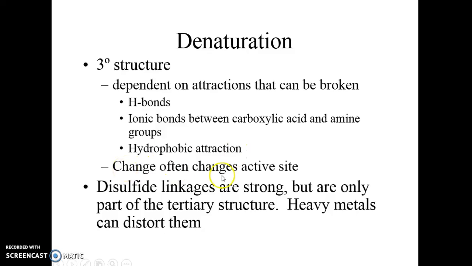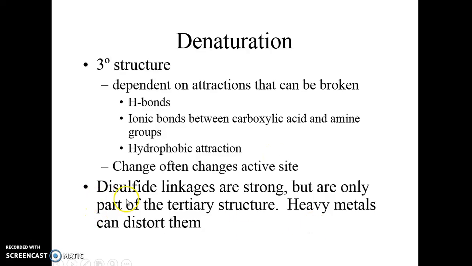That change usually changes the shape of the active site so that substrates can't fit in there any longer, and then the protein's no good anymore. Disulfide linkages are really strong in their covalent bond, but that's only part of the tertiary structure, so you might only have to lose a few hydrogen bonds, maybe only one, and you might have denaturation.